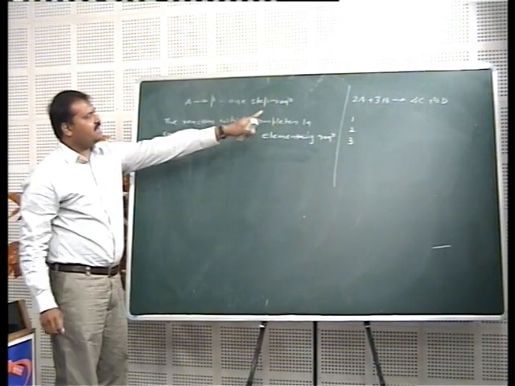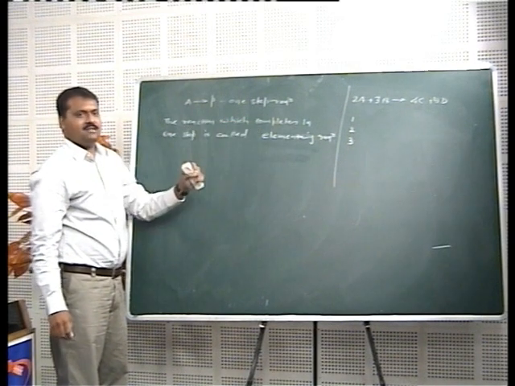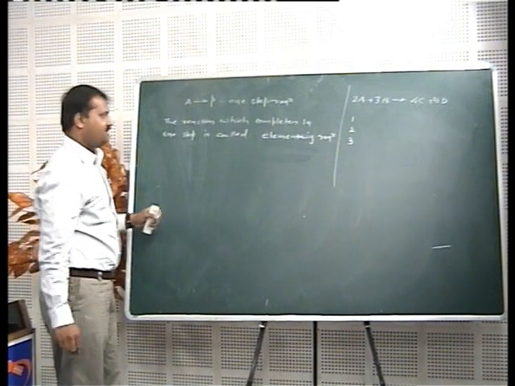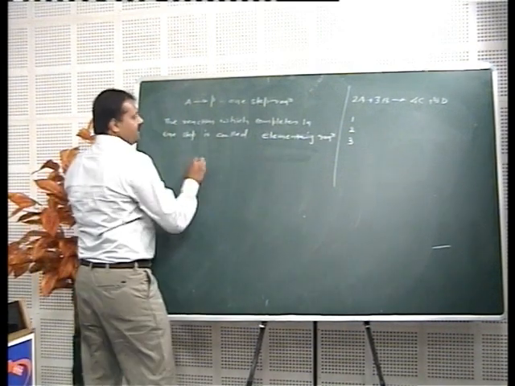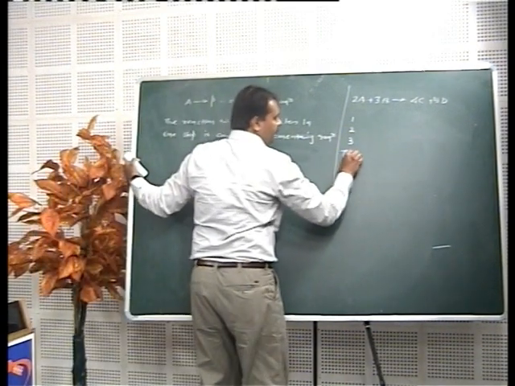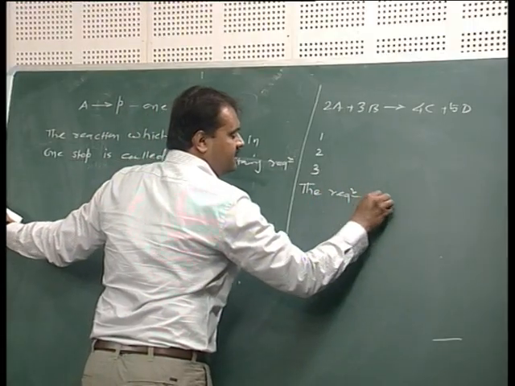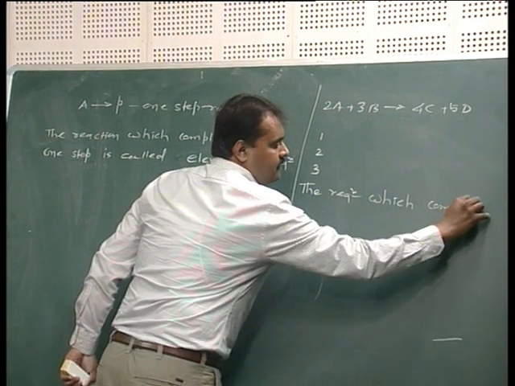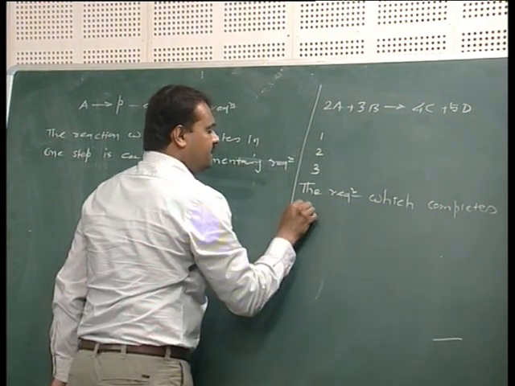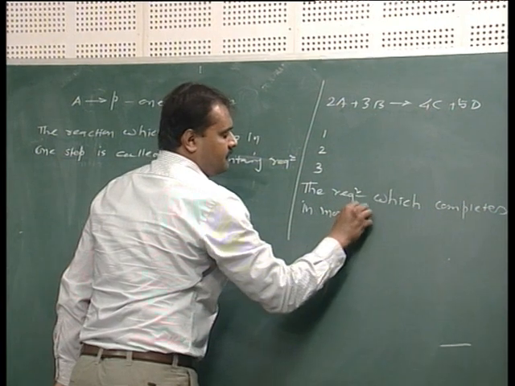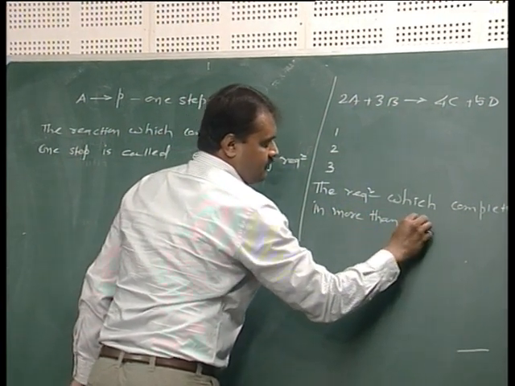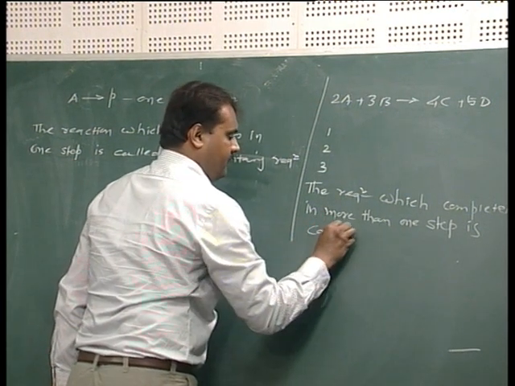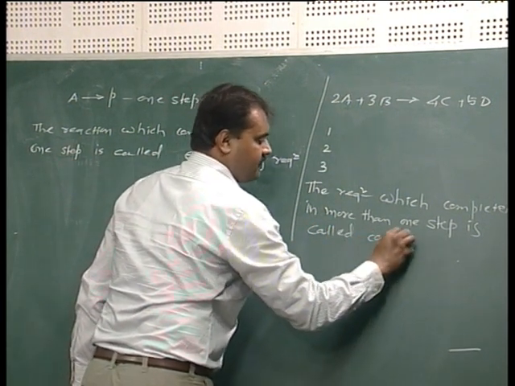That means this reaction completes in more than one step, and therefore it is not an elementary reaction, but it is a complex reaction. So the reaction which completes in more than one step is called complex reaction.